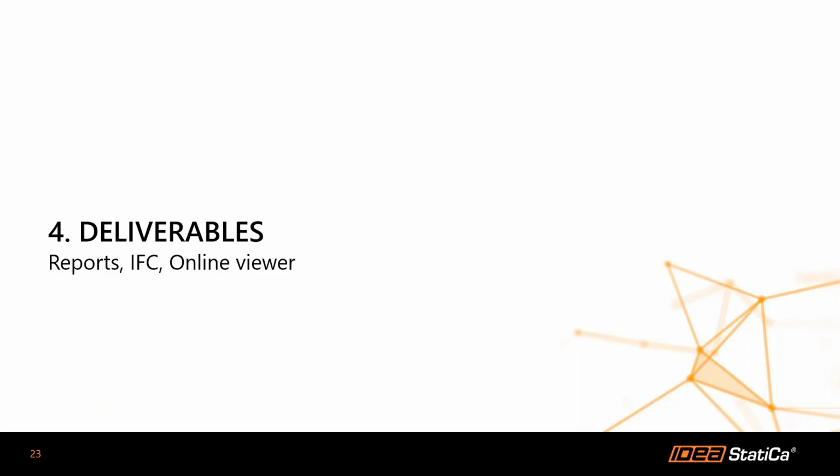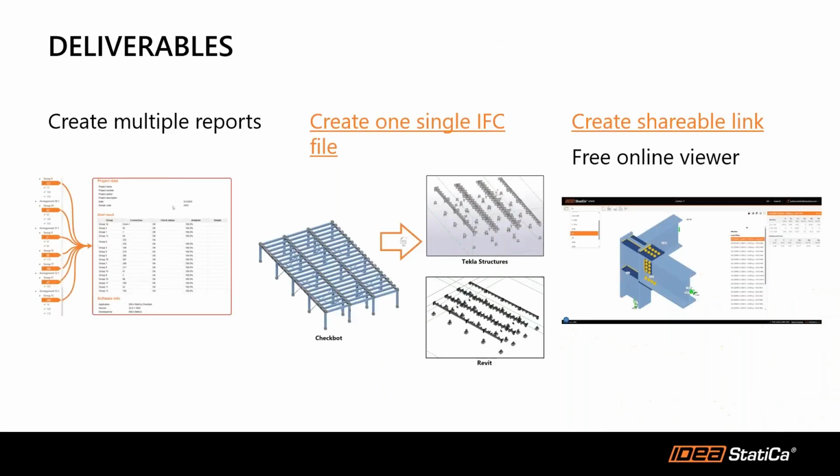So after you go through all the groups or all the connections that you want to design from that structure, I'll show you how to create deliverables. Okay. So I'm going to show you 3 options that we have in the software to create high quality deliverables.